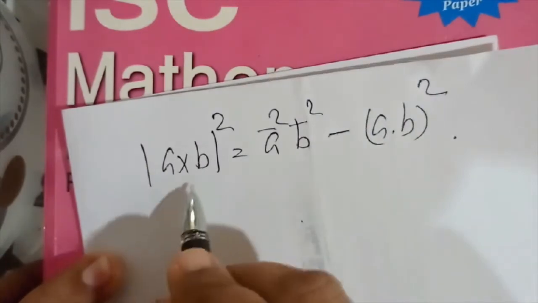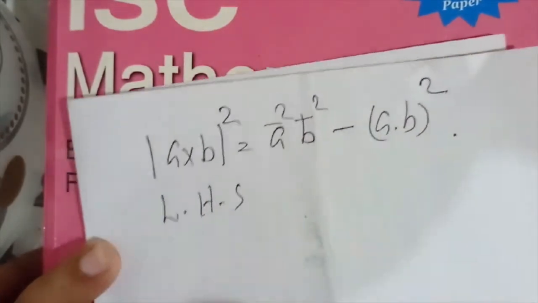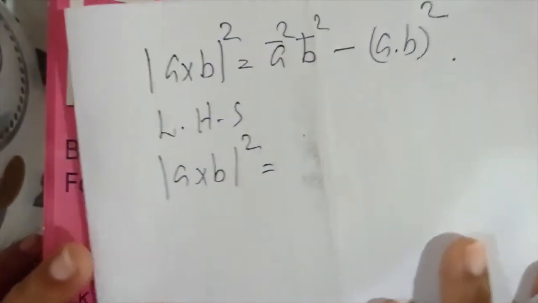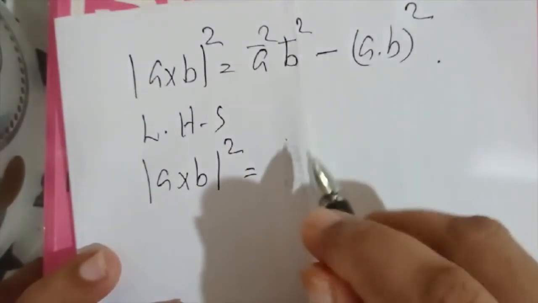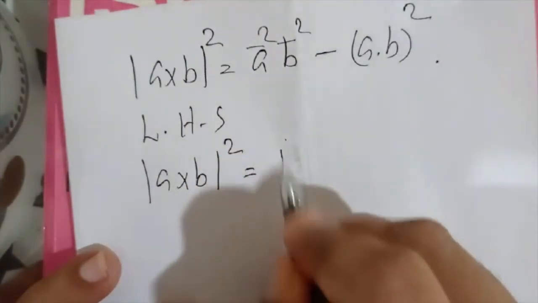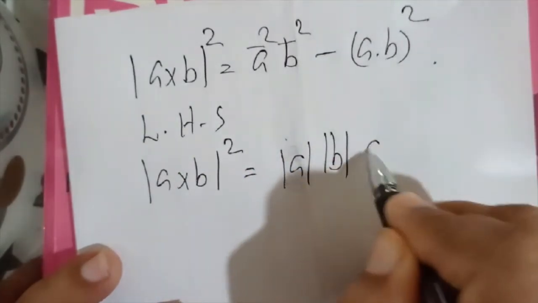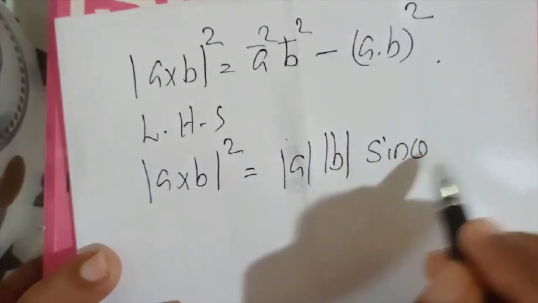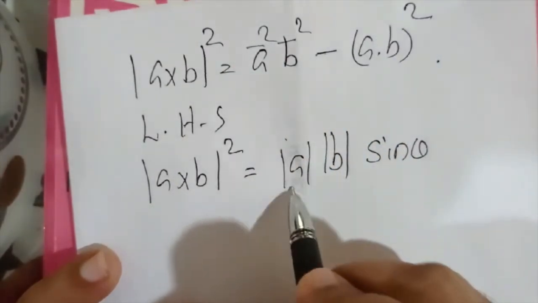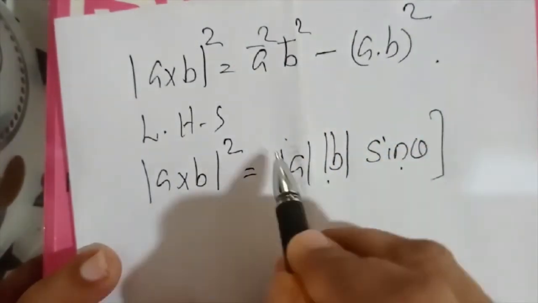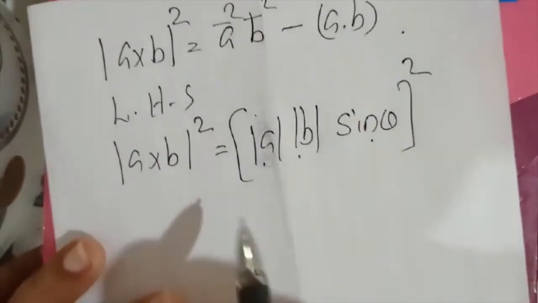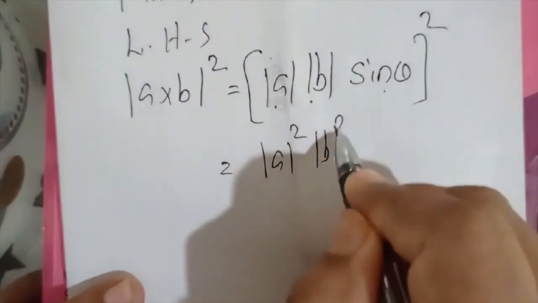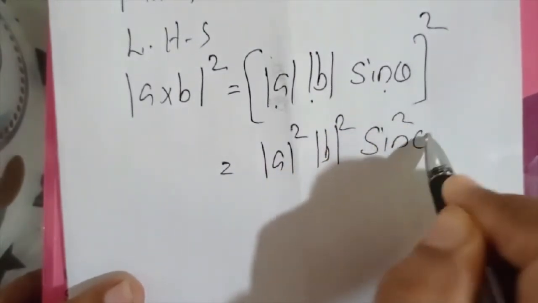Then take the LHS. What is your LHS? Mod A cross B the whole square. Then what is the geometrical meaning of mod A cross B? Mod A, mod B, sine theta into vector n the whole square. When you take modulus, n cancels. Therefore, mod A mod B sine theta the whole square. Agree? That means mod A square, mod B square, sine square theta.